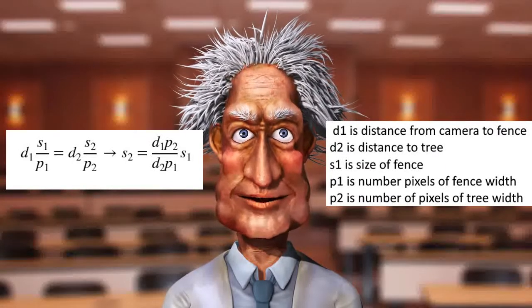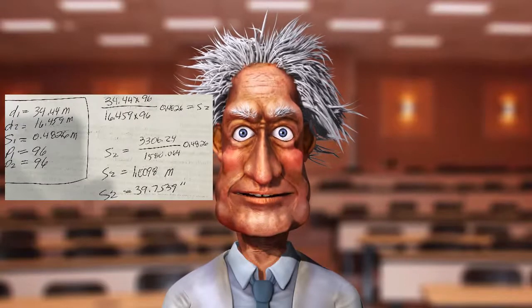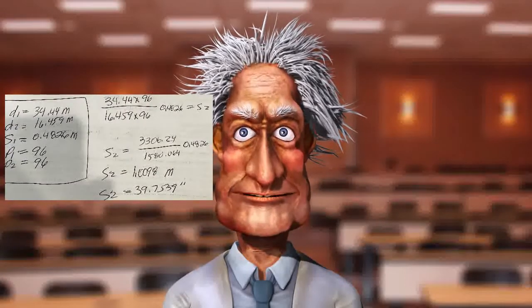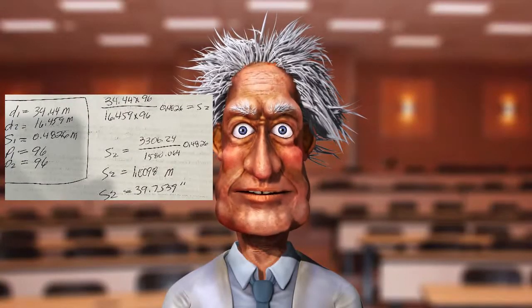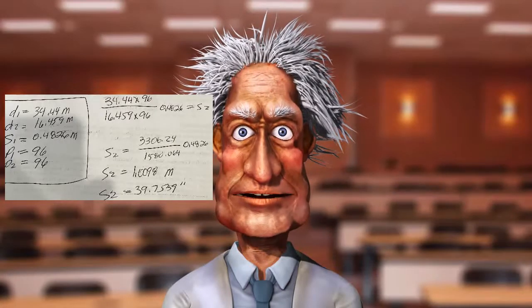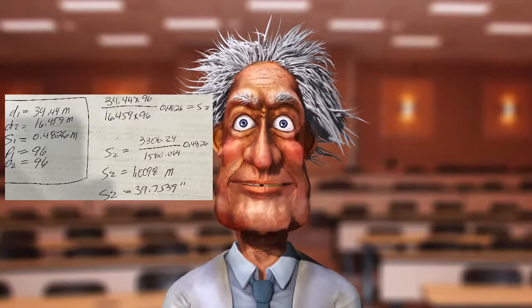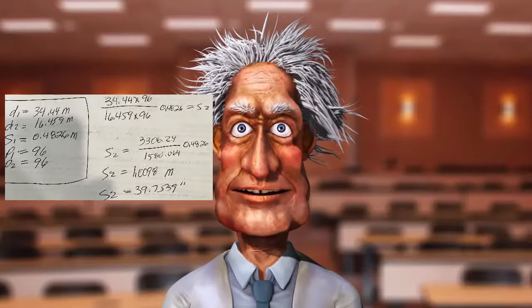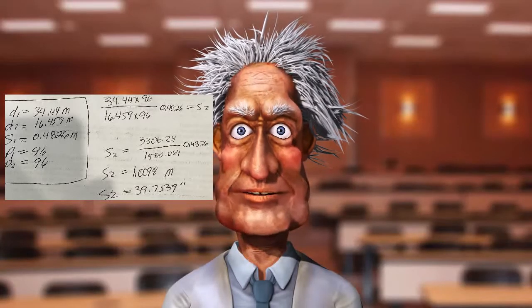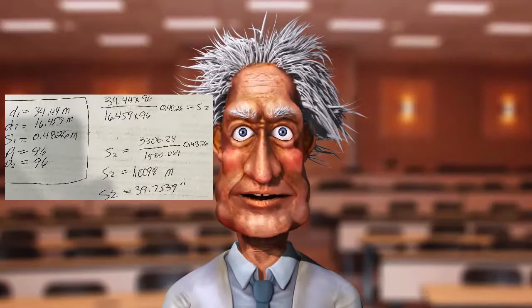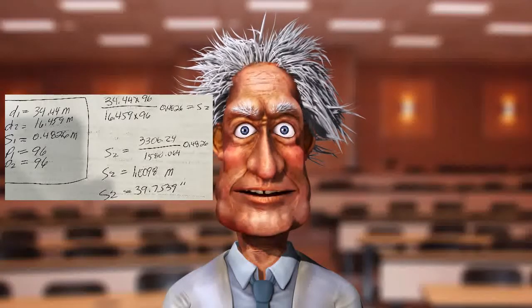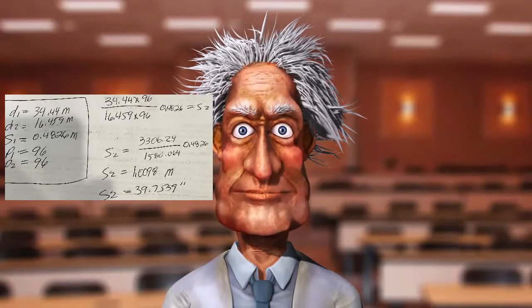I converted our numbers to meters, then plugged in distances, and using that image in Photoshop, derived the pixel widths. Tree and fence are superimposed, so the same value, 96 pixels. Once again, we find the tree to be 39 inches in diameter.